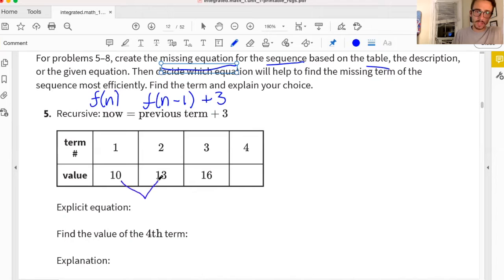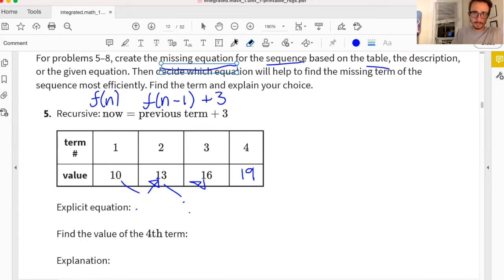This is jumping from 10 to 13 and from 13 to 16. What do you think that rate of change is? If you were a smooth operator, hopefully you said plus 3, which makes this 19. That helps fill in the table, but we're not done yet. We got a little bit more work to do.